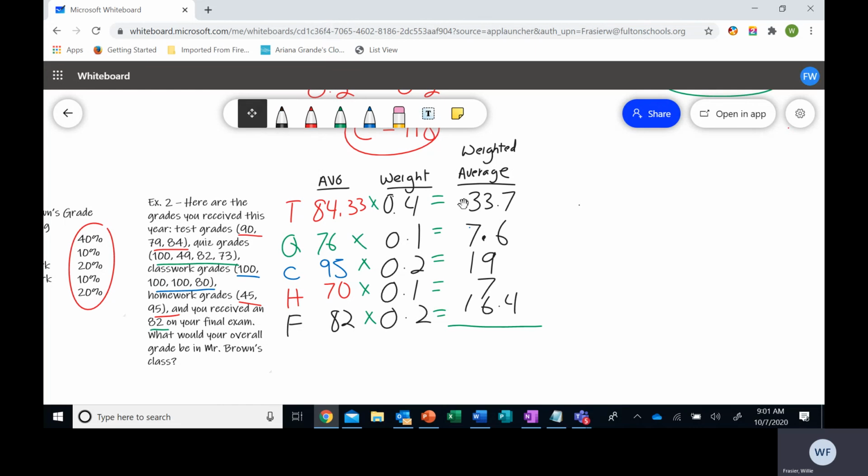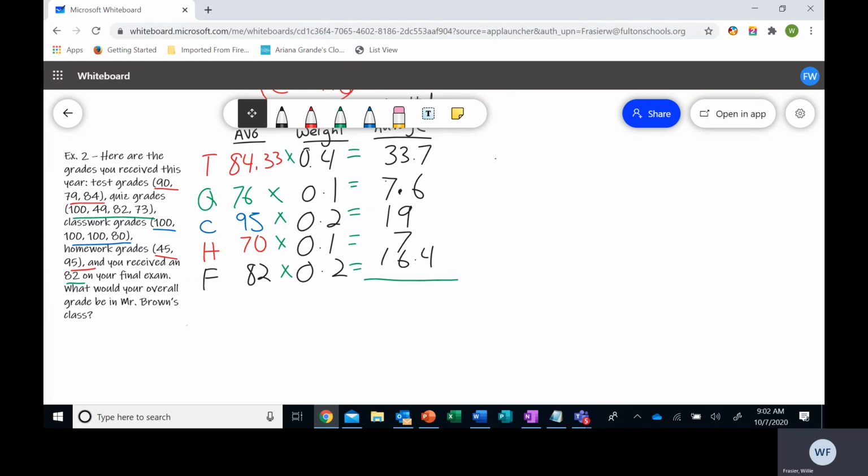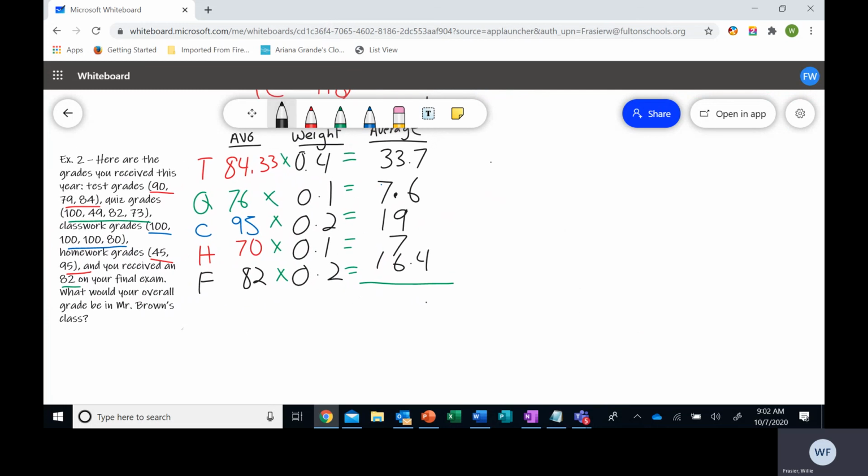So now, when we add these together, we'll get the overall grade for this student in Mr. Brown's class. So let's add all these numbers together. We got 33.7 plus 7.6 plus 19 plus 7 plus 16.4, and that is a total of 83.7, or 84.